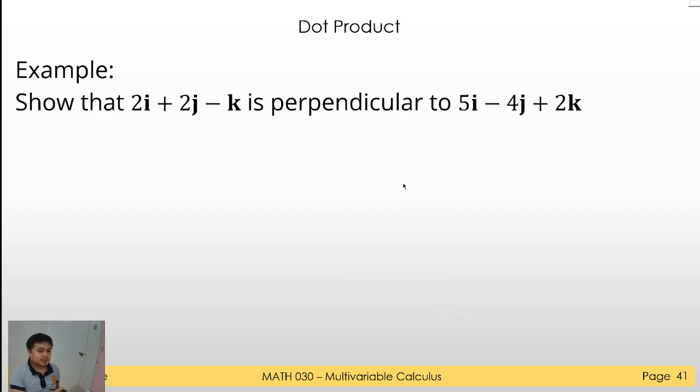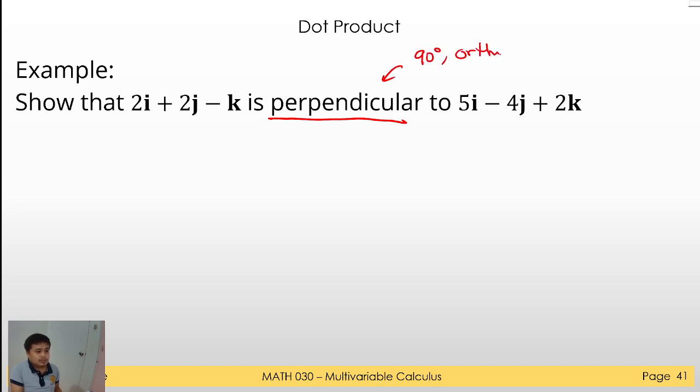So show that this first vector is perpendicular to this second vector. For this example, we just want to figure out if these two vectors are orthogonal. Perpendicular means 90 degrees.